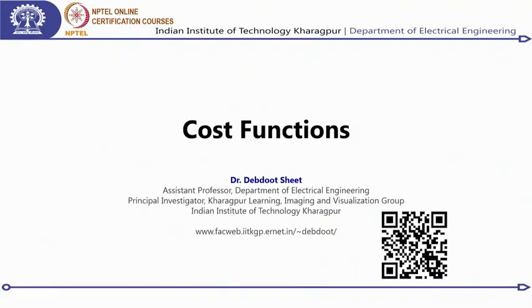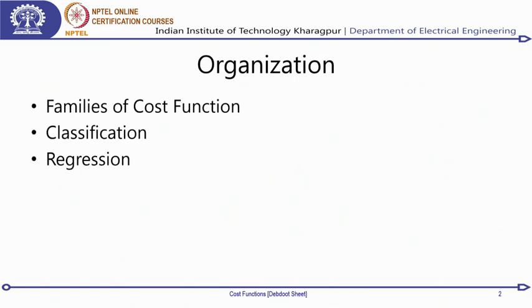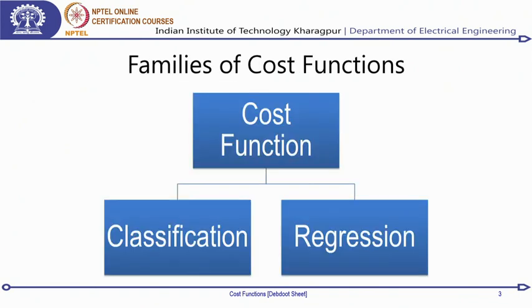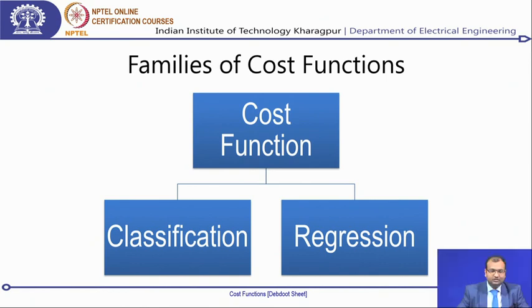Typically, cost functions are grouped into two broad families: either they are the ones used for classification, or the ones used for regression problems. With a classification cost function, you would be solving a classification problem, where you need to associate a class label with a given image. For example, in the MNIST problem you had handwritten digits 0 to 9 and you just had to identify which digit it was.